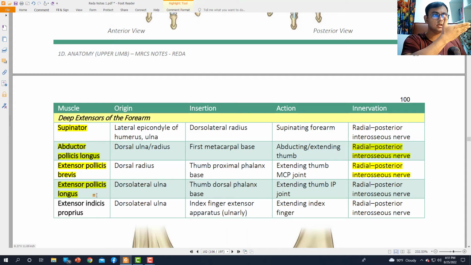And then extensor indicis. When a person points out, extending the finger like this, that is the index finger, extensor indicis. It is also supplied by the radial posterior interosseous nerve. Okay, I hope you understand.